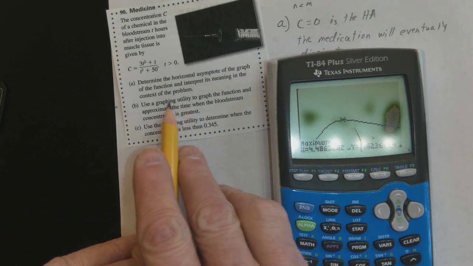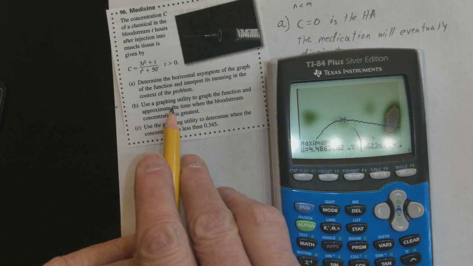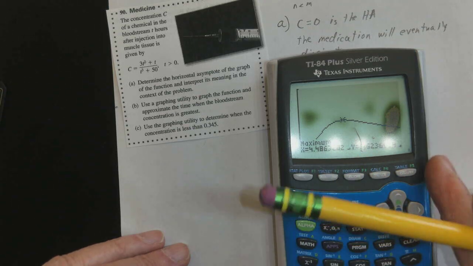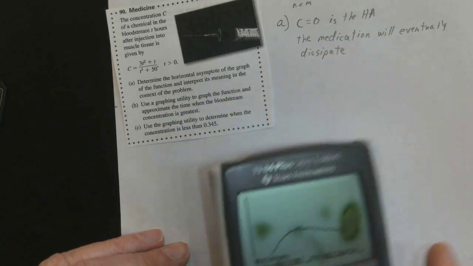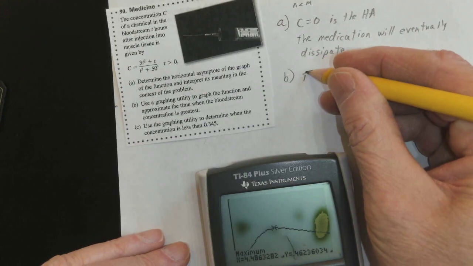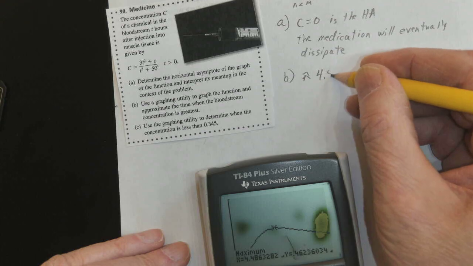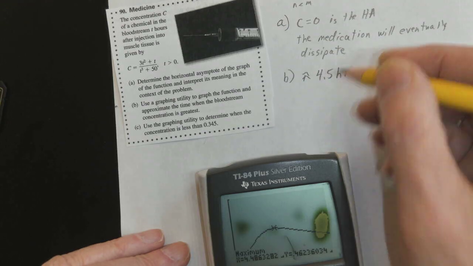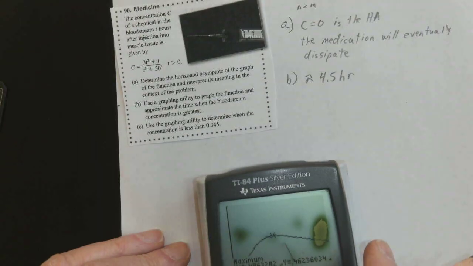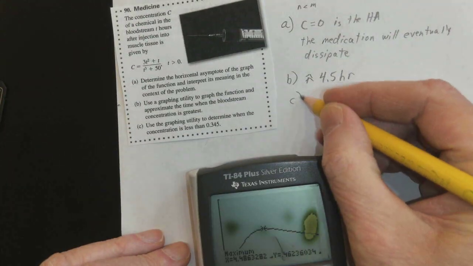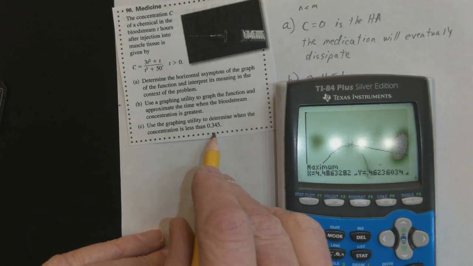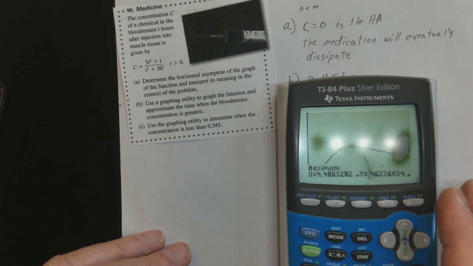So use the graph to approximate the time, that's the x. I would say about 4.5 hours. I see the 4.486 there. So 4.5 hours.